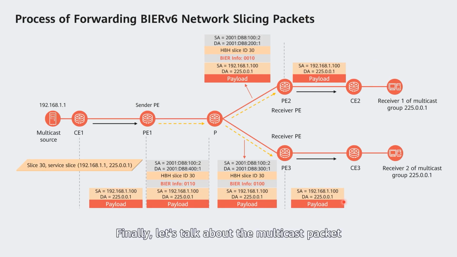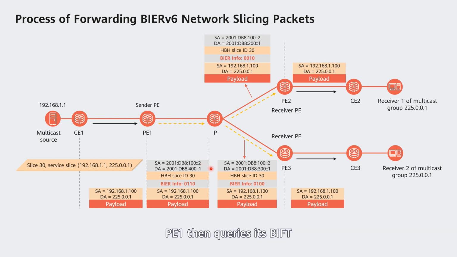Finally, let's talk about the multicast packet forwarding process in the MVPNv4 over BIERv6 network slicing scenario. 1. The original IPv4 packet is sent to PE1 through the interface bound to VPNA. 2. PE1 selects a tunnel based on the multicast source address and multicast group address of the packet, inserts an outer BIERv6 packet header with a bitstring 0110 into the packet, and sets the source DT4 SID to the outer IPv6 source address.